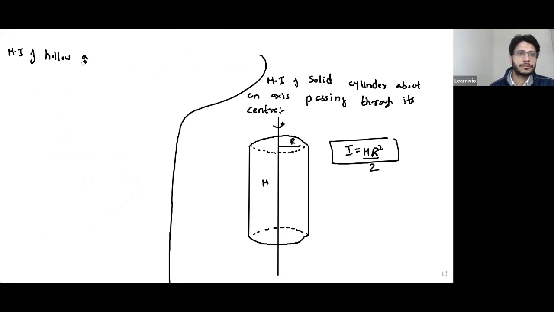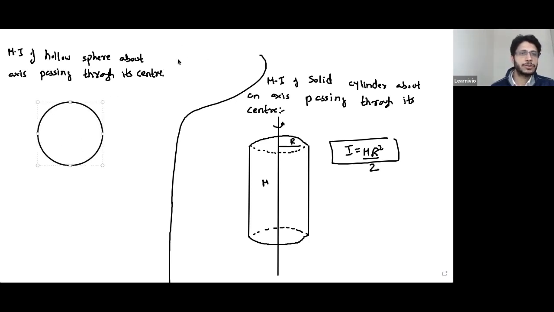Hollow sphere, about an axis passing through its center. The radius of the sphere is r and the mass of the sphere is m.